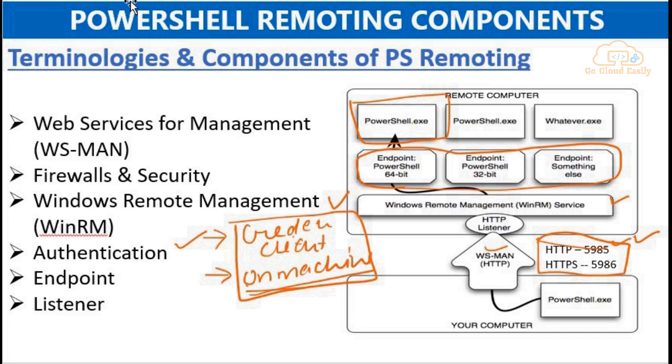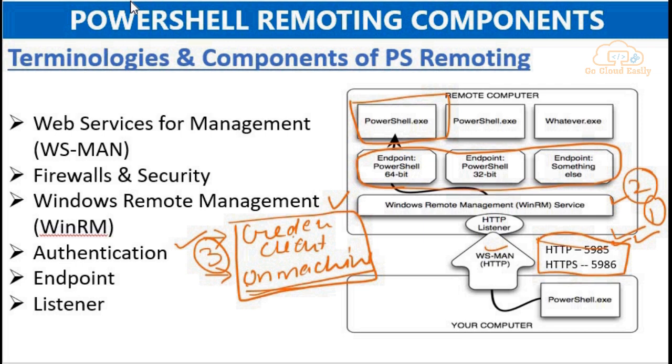So in summary, we have four kinds of checks that should be passed to maintain a successful remote connection between a client and a remote machine. What are those checks? First of all, we need this port to be open, right? This is the first check. Then the second check is we need this service to be running. And the third check is we should provide a valid credential.